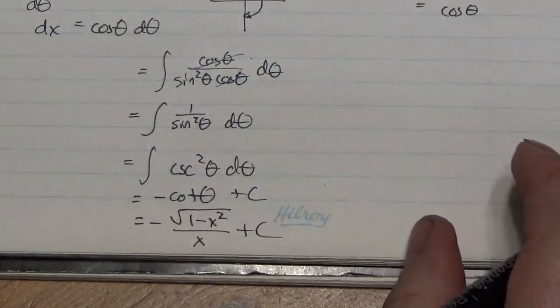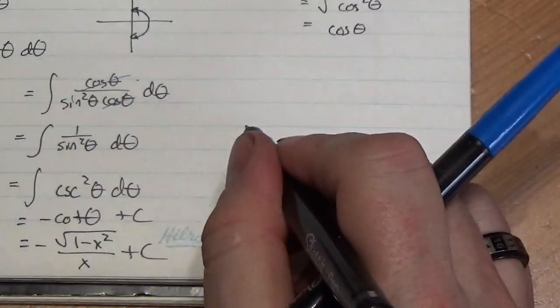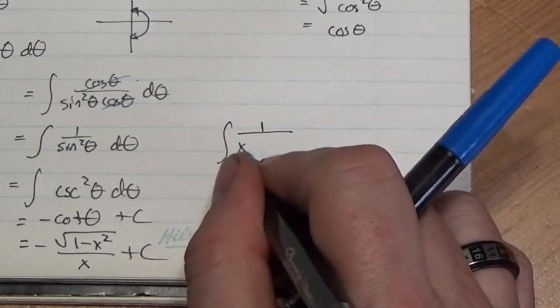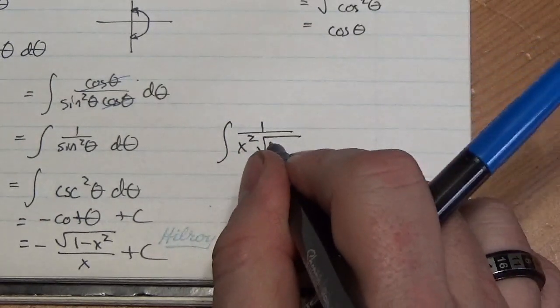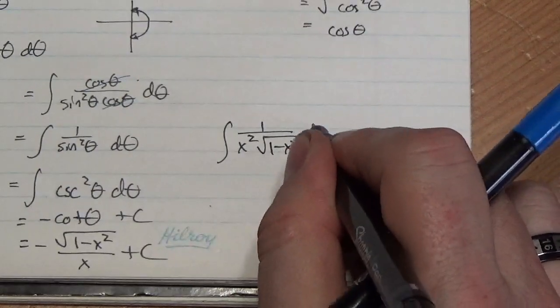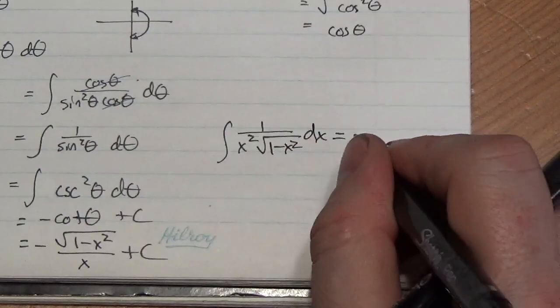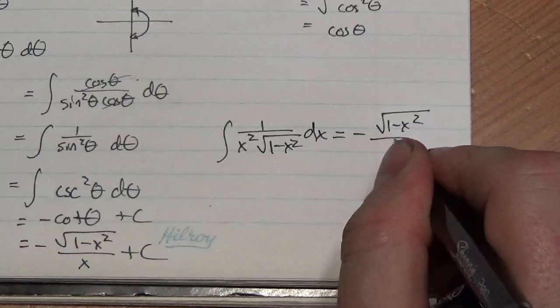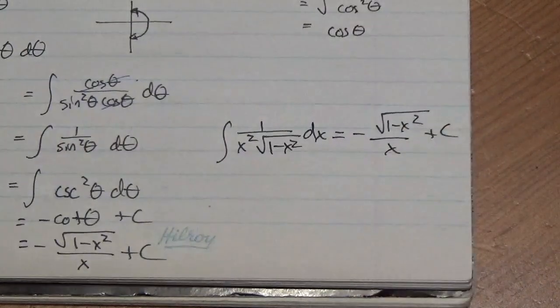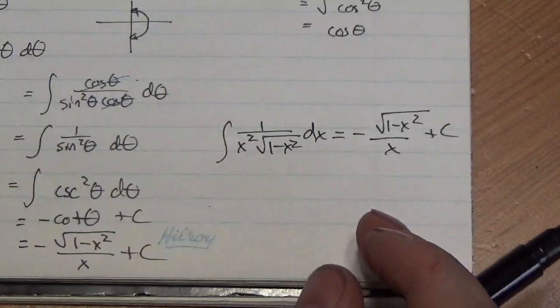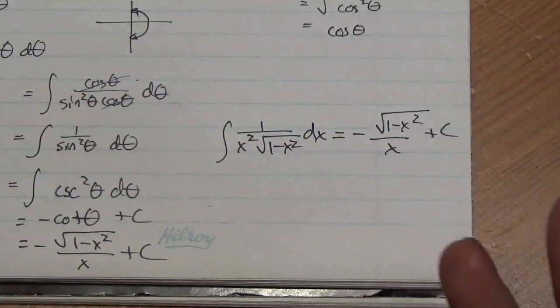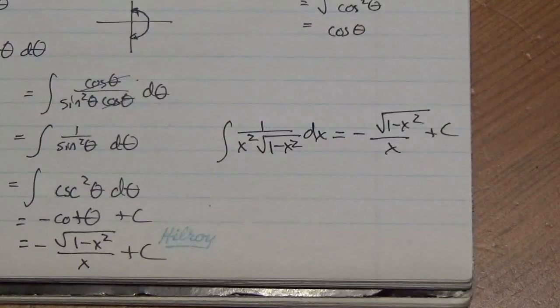And so that's the solution. Let me write this out again over here to make sure it's clear: the integral of 1 over x squared square root of 1 minus x squared dx is going to equal negative square root of 1 minus x squared over x plus the arbitrary constant at the end. That should give you a sense of how trigonometric substitution works.